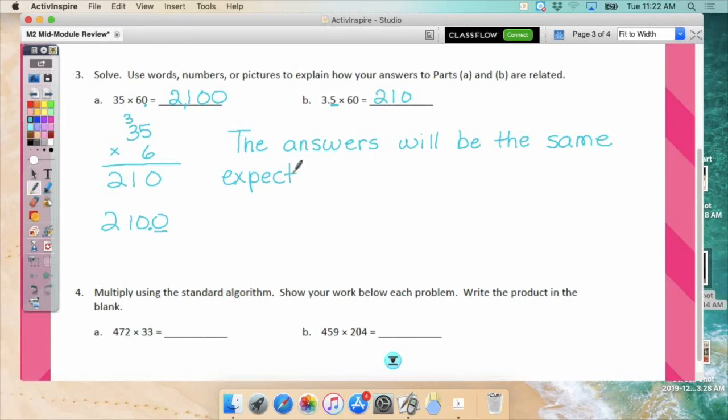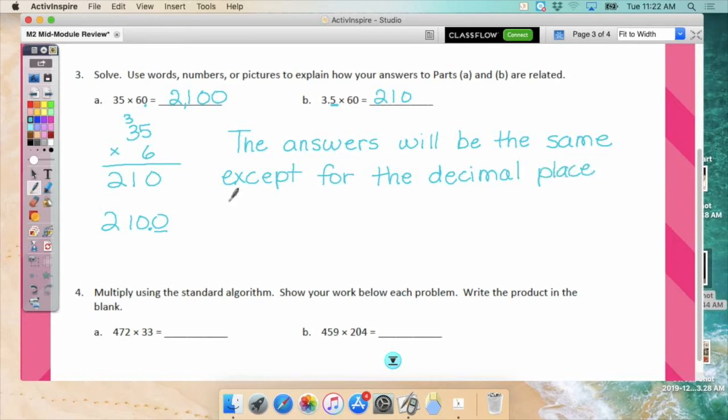Except, did I spell that wrong? I wrote expect. Except for, I'm going to go ahead and say decimal place value. That make more sense?